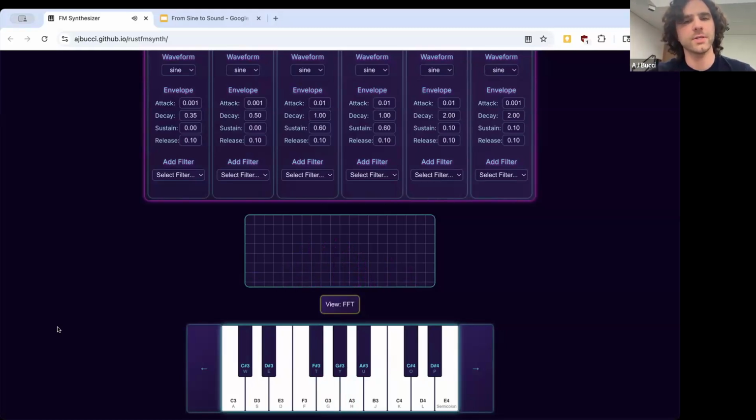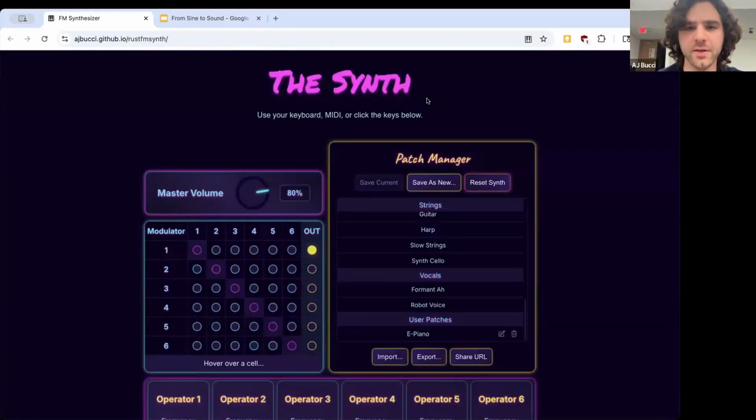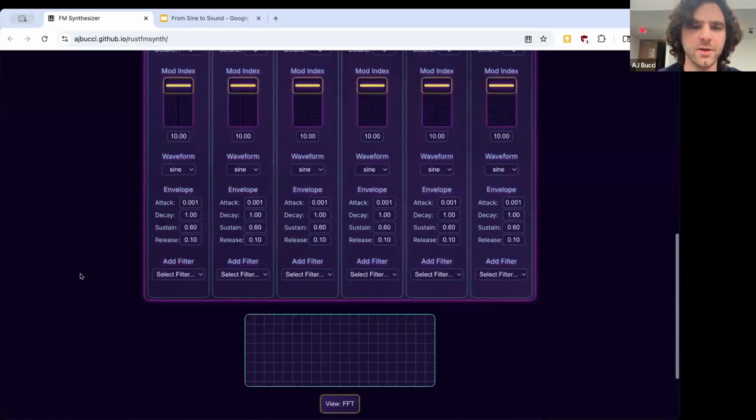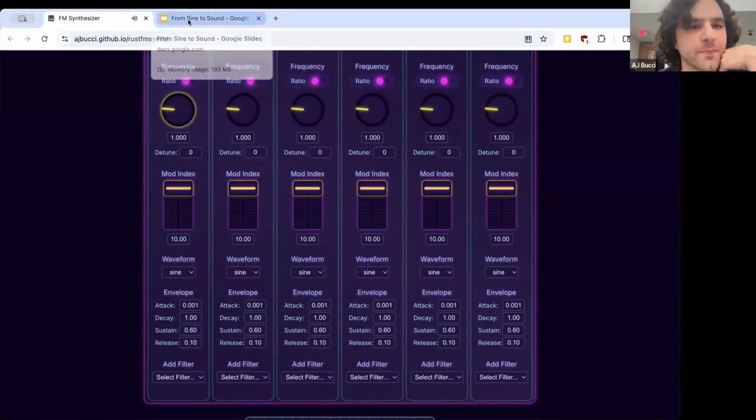And that pure tone has a little bit of warble to it. All right, so let's reset the patch and we'll start with the pure tone again. And let's build this sound up.